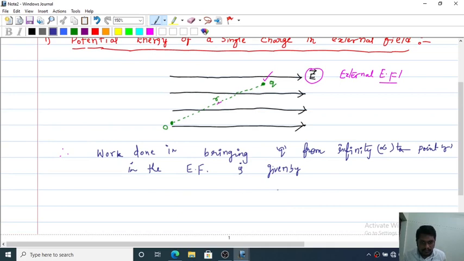We know that potential difference V is equal to W by Q. Potential difference is the ratio of work to charge.